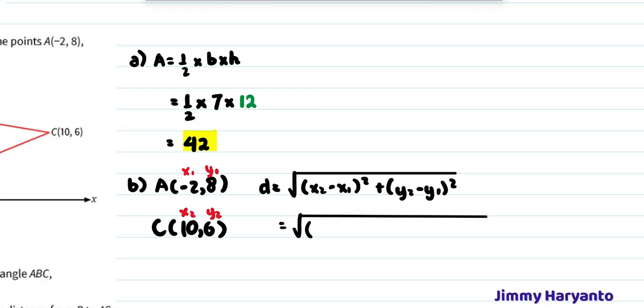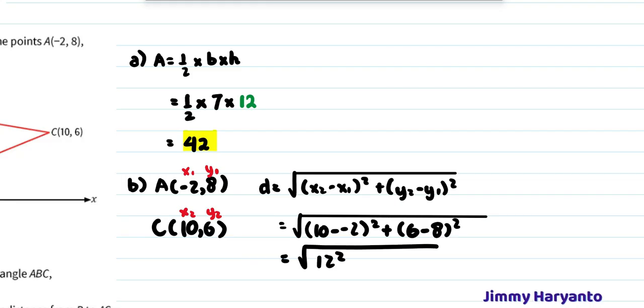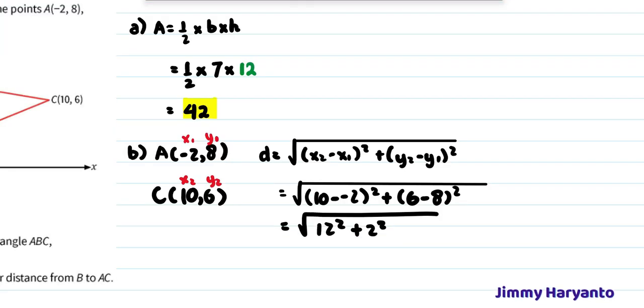So it will be 10 minus negative 2 squared plus 6 minus 8 squared. So this one is 12 squared plus 2 squared, and the result is 12.2 units, and this is the length of AC.